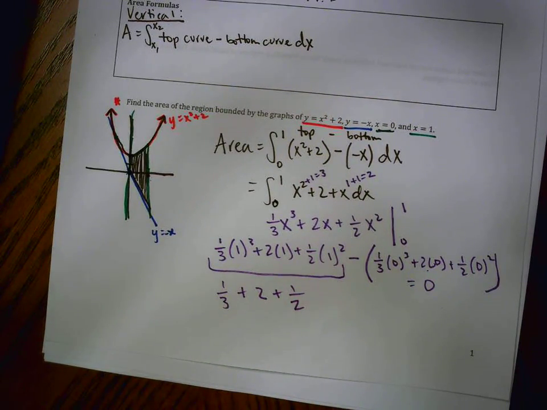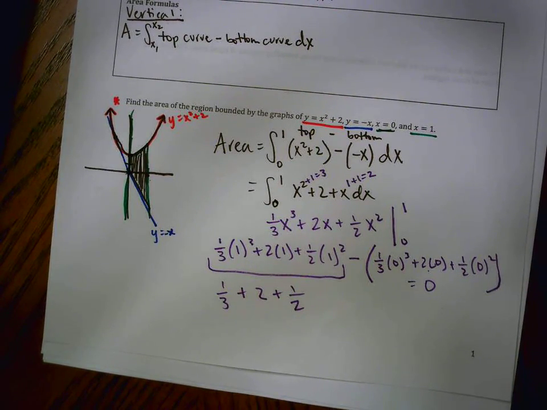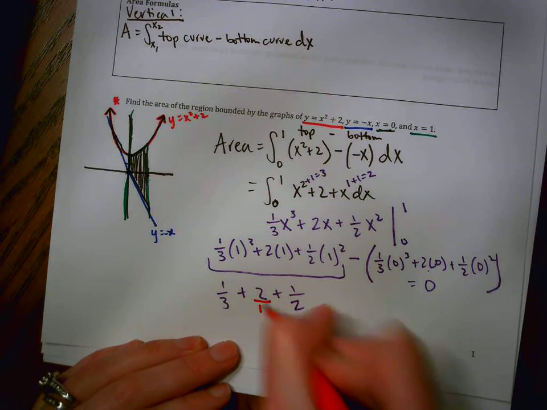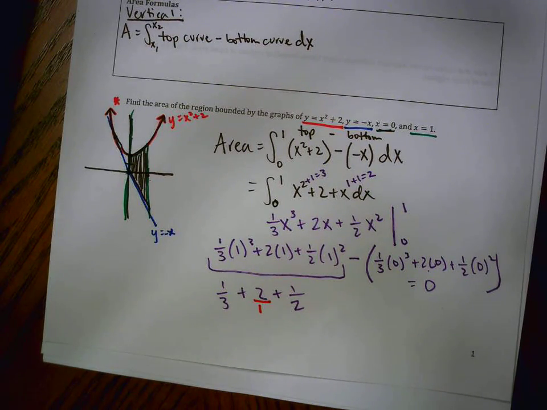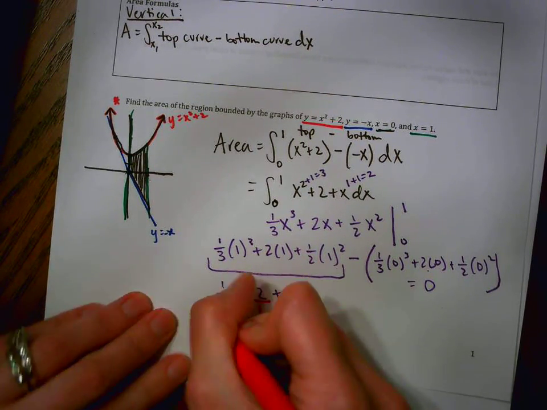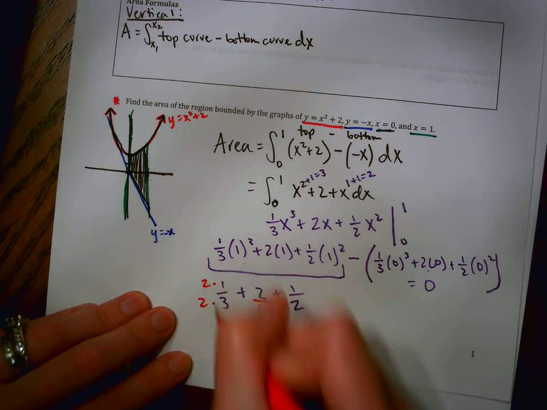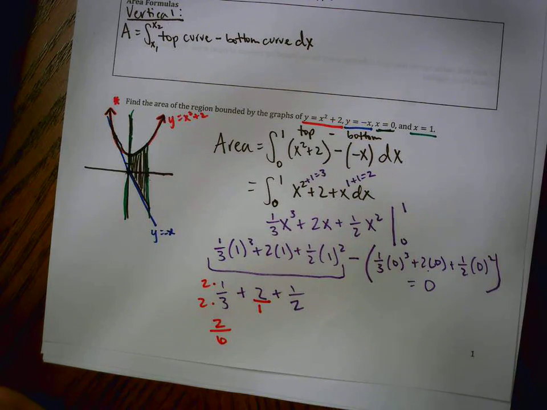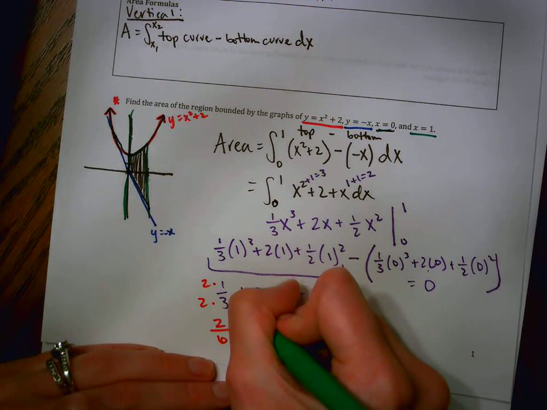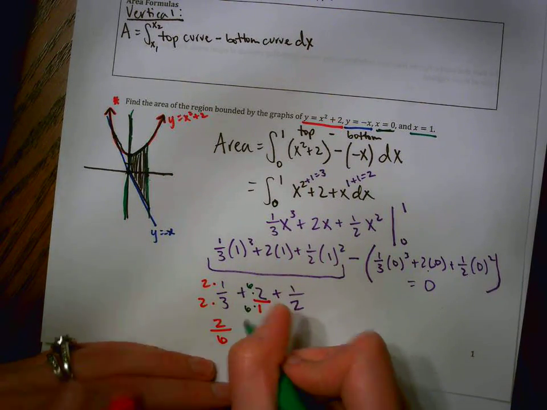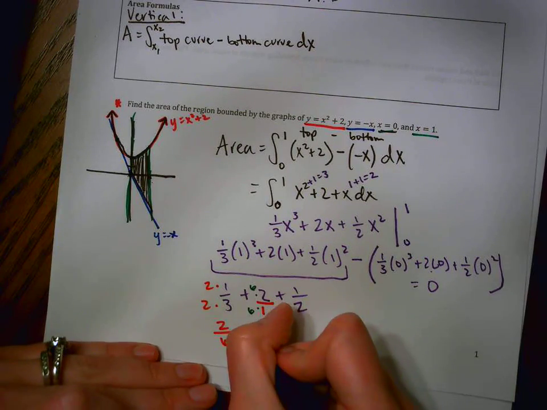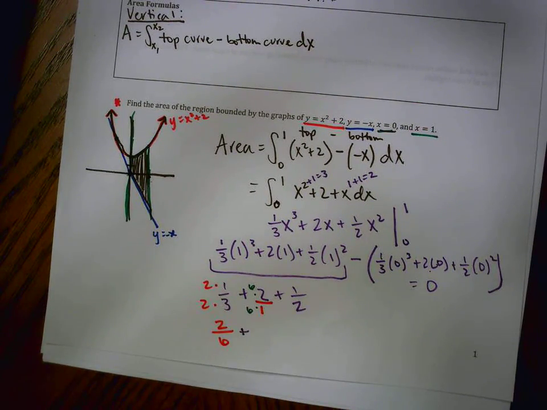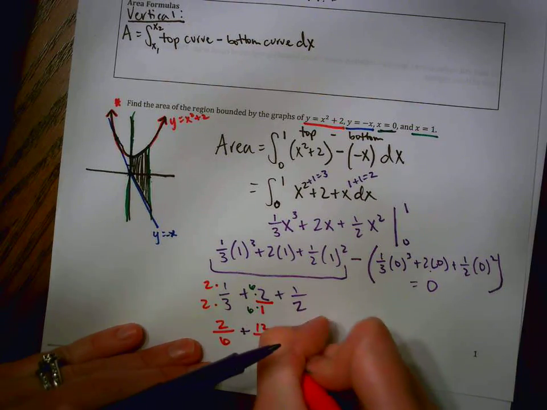Okay, so now we gotta add these. So we need a common denominator. So I'm going to put my 2 over 1, so they're all fractions, and my common denominator is going to be 6, right? So I'm going to multiply this one by 2, and it's going to become 2/6. I'm going to multiply this one by 6, and it's going to become 12/6.